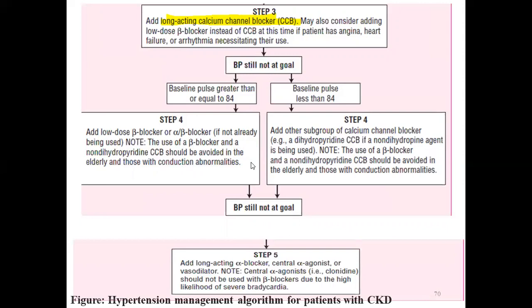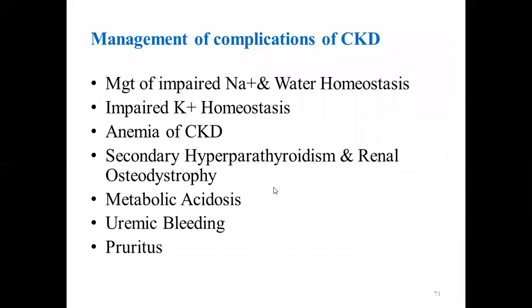So those are the drugs normally, and the algorithm will continue depending on the patient response, and the patient will end up having multiple antihypertensive medications. But the initial treatment should be initiated with ACE inhibitors, and we titrate the patient. So this is how we are managing hypertension in CKD patients.